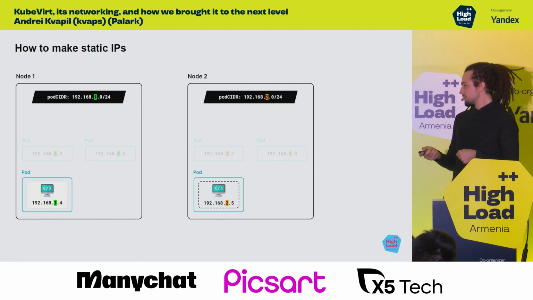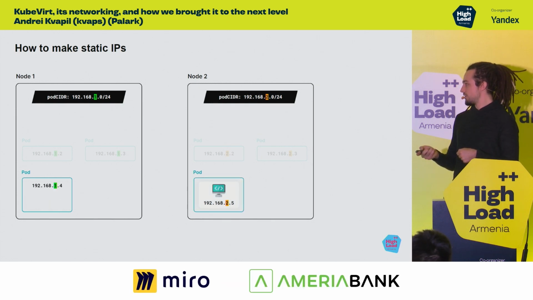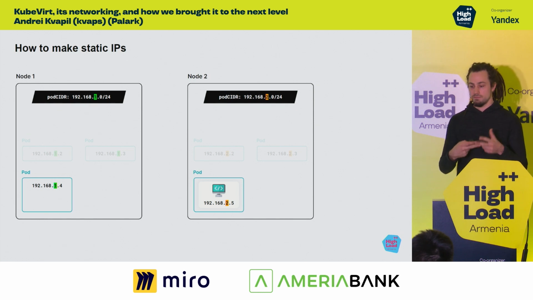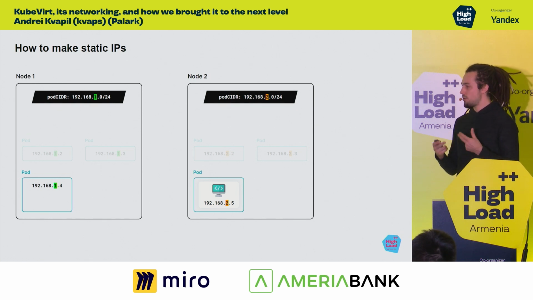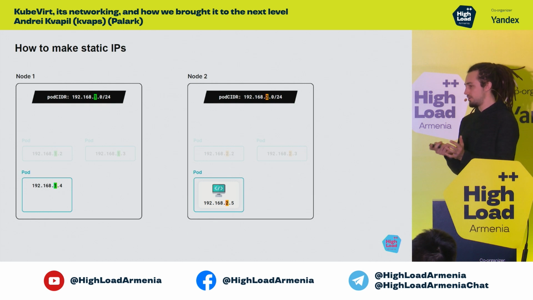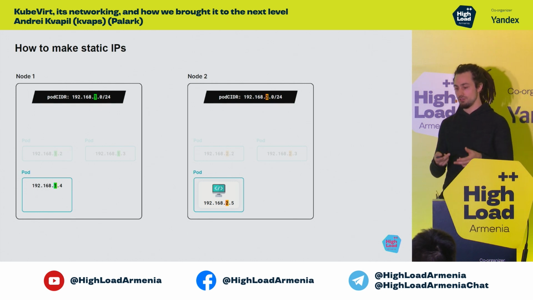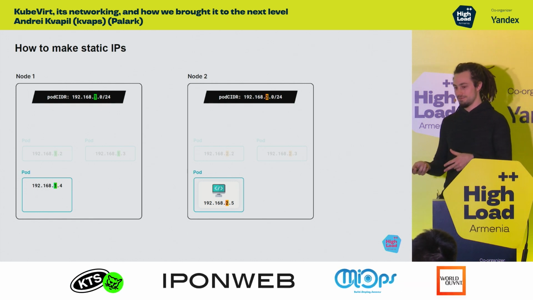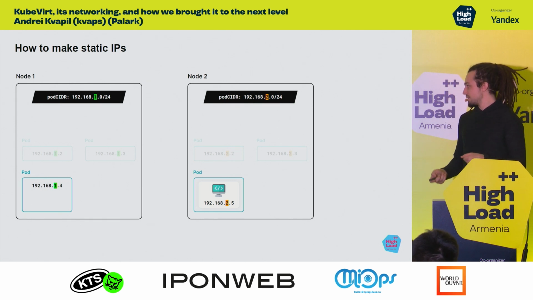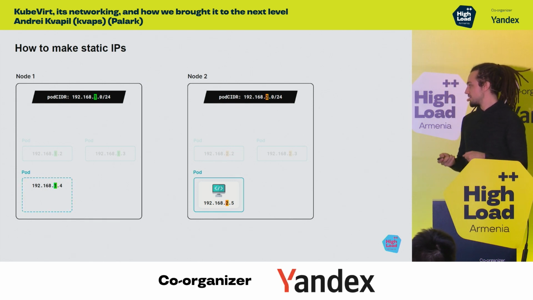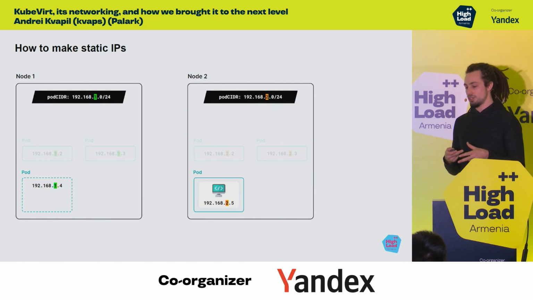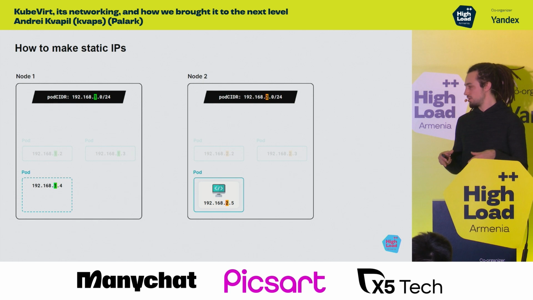And when we perform the live migration, the virtual machine should somehow be updated or notice that the IP has changed. Hey, you should release and gather a new IP address. So another patch we implemented is reattaching the network card, because the virtual machine should know that the IP address has changed.